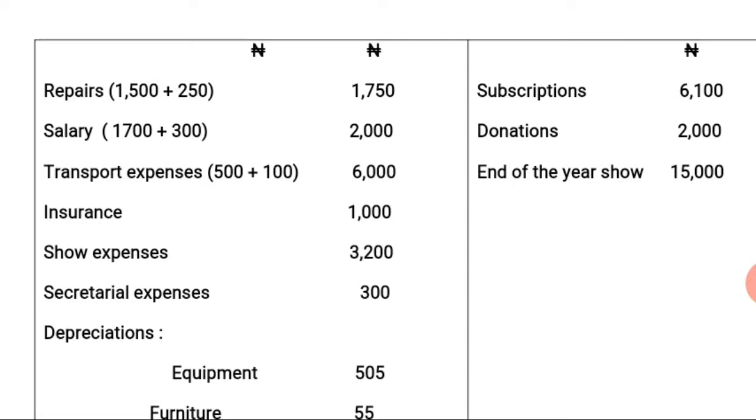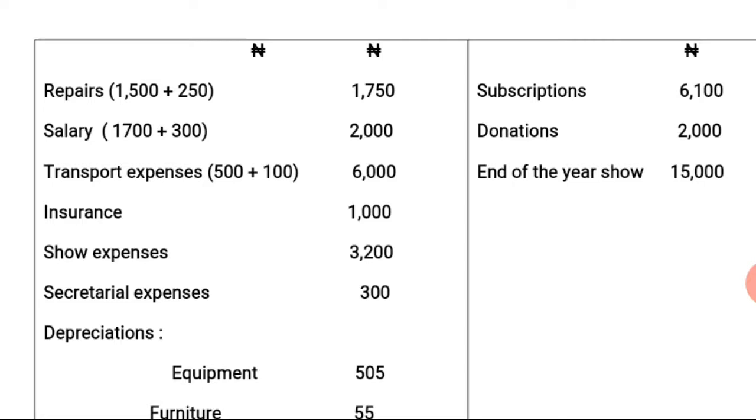So we start with repairs. We have payment for repairs 1,500 naira in our receipts and payments account, and we have in additional information number 3 that repairs that is yet to be paid was 250 naira. So by adding 250 naira to 1,500, we have 1,750 naira for repairs for 2014.